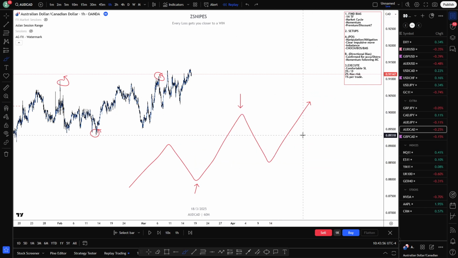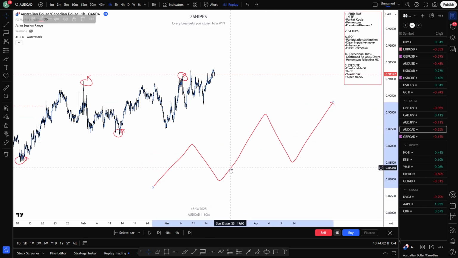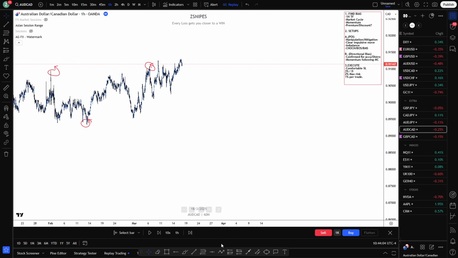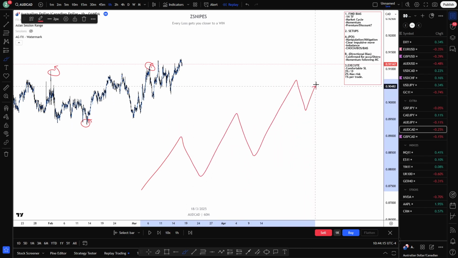Now the main thing here is, let me edit this real quick for you guys, if we do not hit that 50%. For example, say we're going up, low, up, low, up, and let's say we create something like this. You can see we have a low, create a high, low.